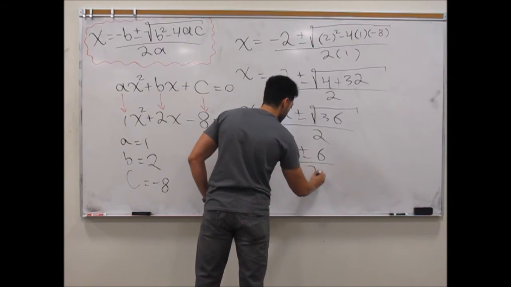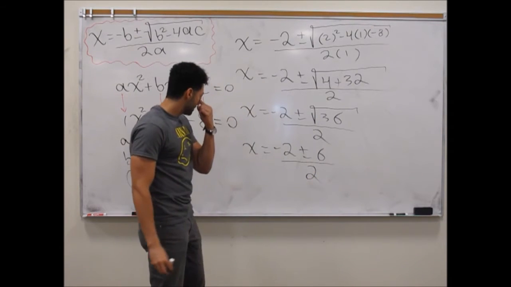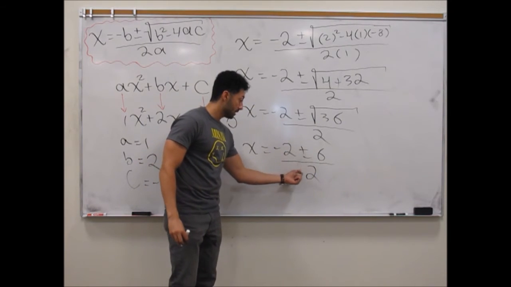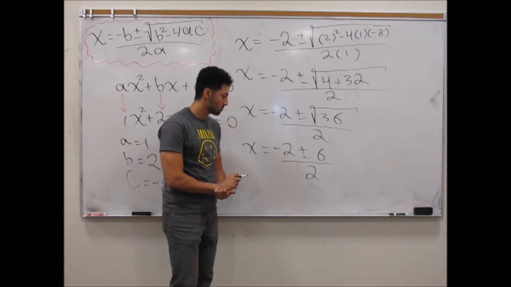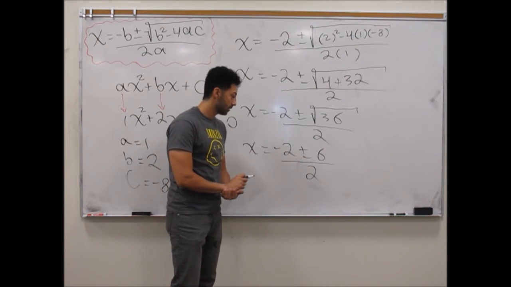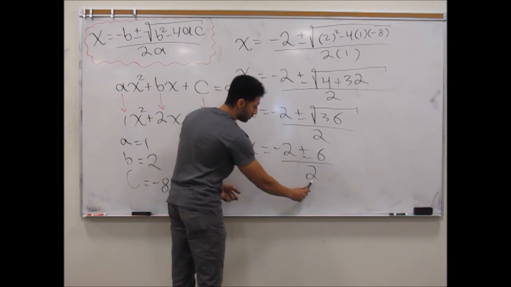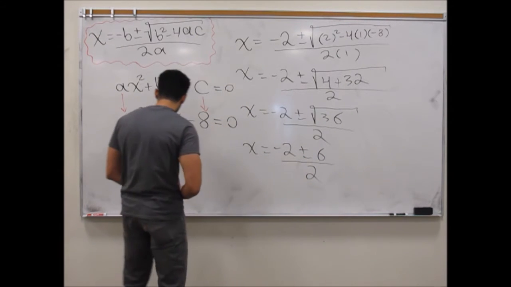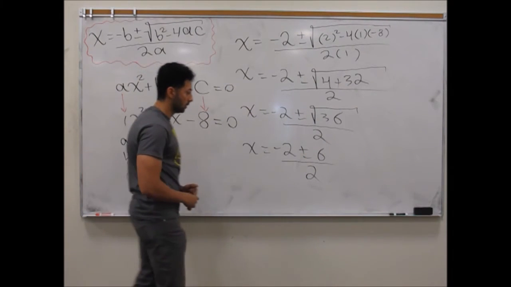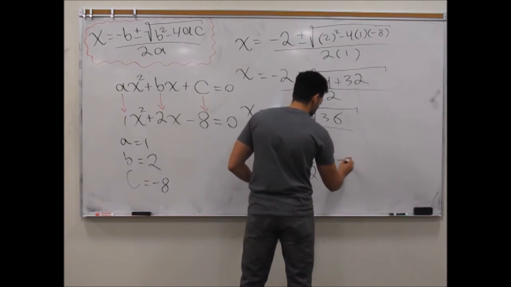all over 2. Now these guys have the same LCD. You could split up the LCD if that's how you like going about it. Or you could just see that you're really just going to divide this 2 into the negative 2 and into the 6, which is actually what I'm going to do. Or maybe I should write it out first.